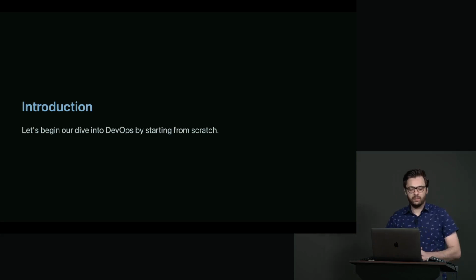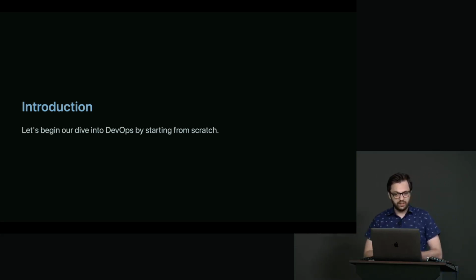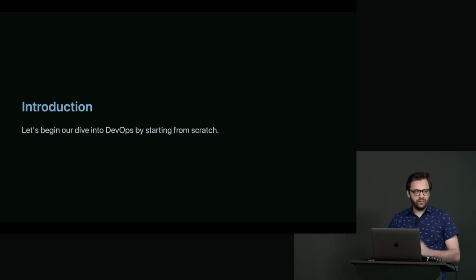So again, we're going to dive into DevOps, but we're really going to start from scratch with it. And the big point here is that I want to basically make you unlearn everything you know about DevOps. There's a really great quote from a musician that I'm not going to name so I don't get judged. But the quote is: for you to understand me, you first have to unlearn everything about me.